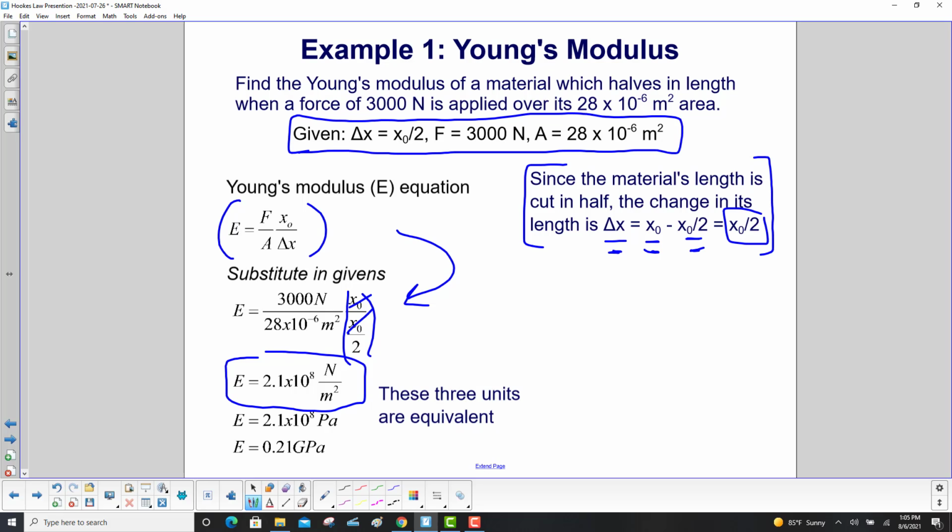And I just showed the other ways you could represent that. A newton per meter squared is a pascal, and 10 to the 8th is not a gigapascal, but 10 to the 9th is. So if you move the decimal place over, you get 0.21 times 10 to the 9th. So it is 0.21 gigapascals.